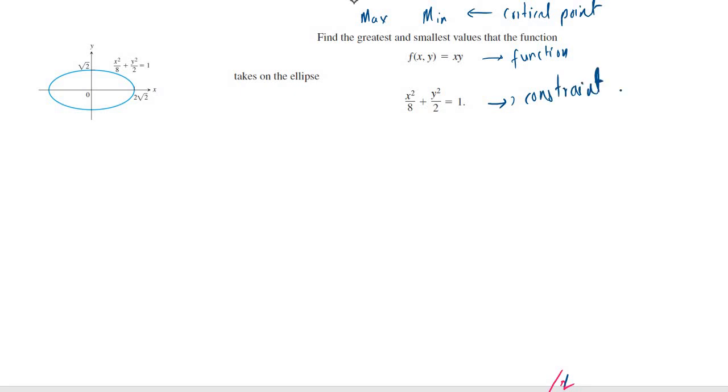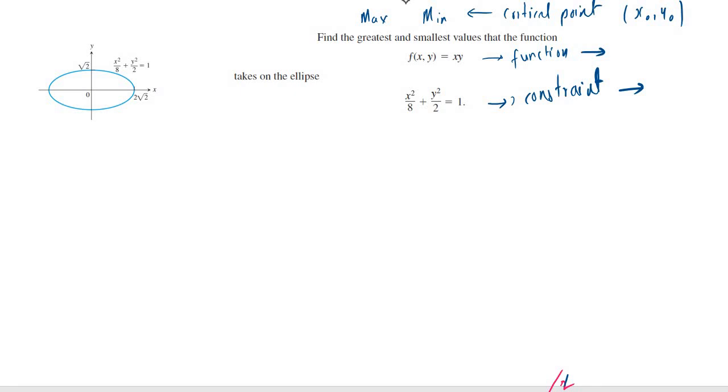So what we are asked to do is find the critical points. We can call them x0, y0. Here we know that at the critical points, the gradient vector of the function is in the same direction as the gradient vector of the constraint.